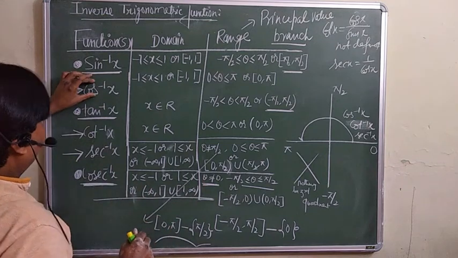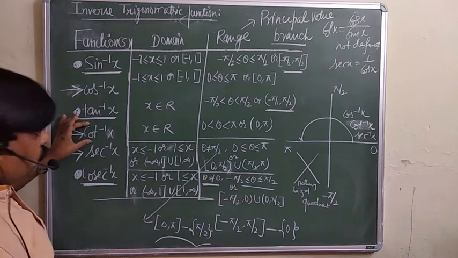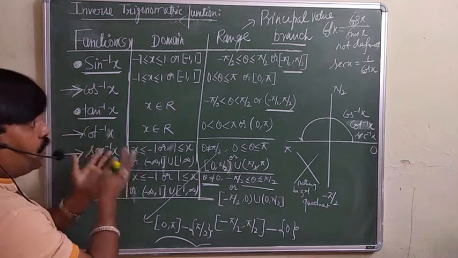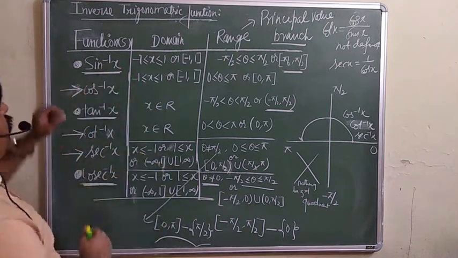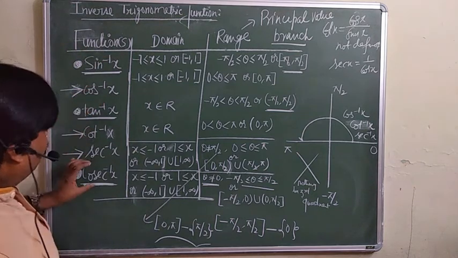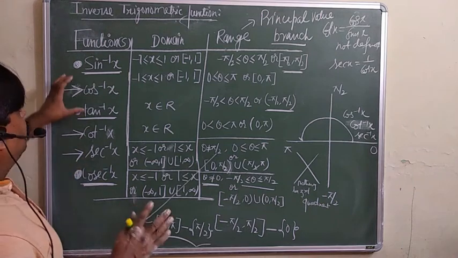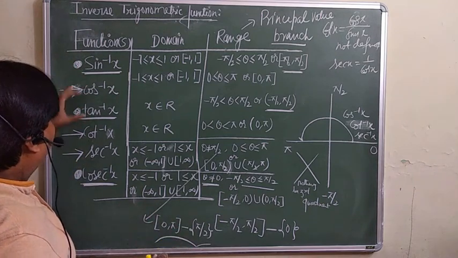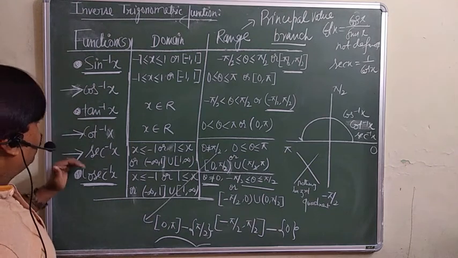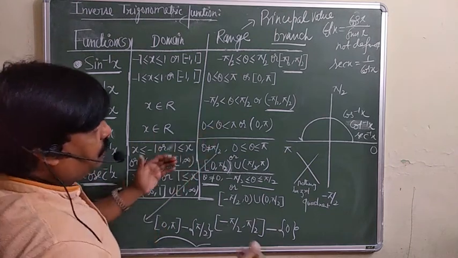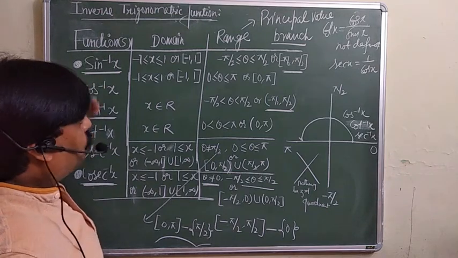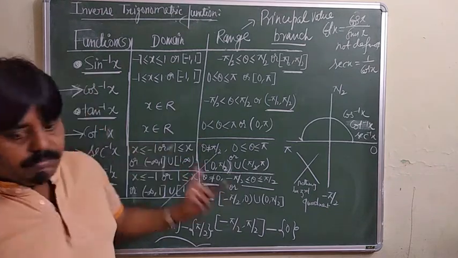And cos inverse x, cot inverse and sec inverse are in another group. So always you will see these three are in one group and these three are in another group. Now we will discuss, then you can understand what exactly we want to discuss. So have a look.